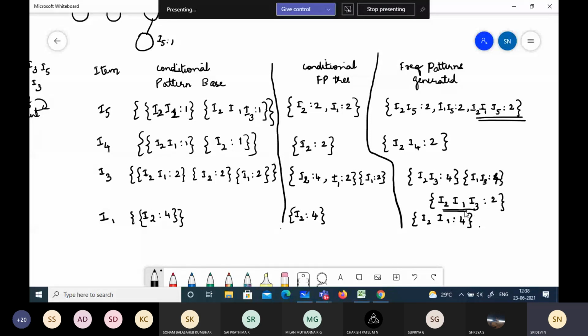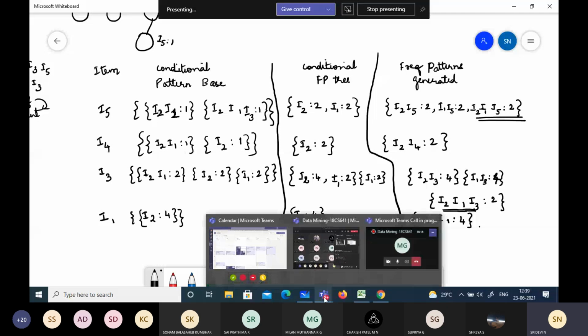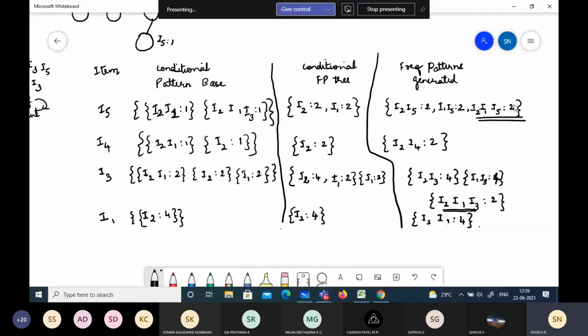If you compare it with your Apriori algorithm, we had got this I2, I1, I5 with support count of 2 and I2, I1, I3 with support count of 2, isn't it? So these are the frequent patterns which are generated. 2 items also we have and 3 items also we have.